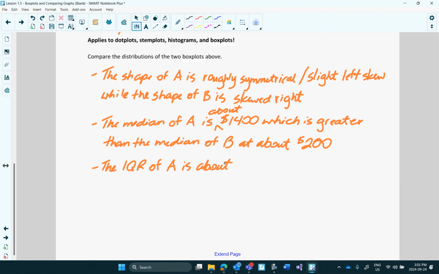The left side of the box looks about 500, right side looks about 2000.